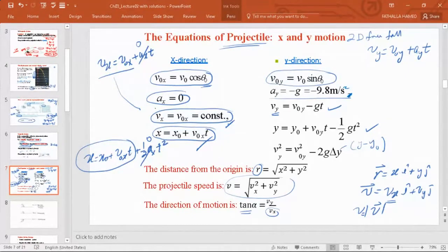I mean, the vx is not going to change. The x is going to change, because your ax is equal to 0. But along the y, that's how the v and the y are changing. And your a is constant. It's equal to minus 9.8 meters per second squared. Is this clear? Any question on this?